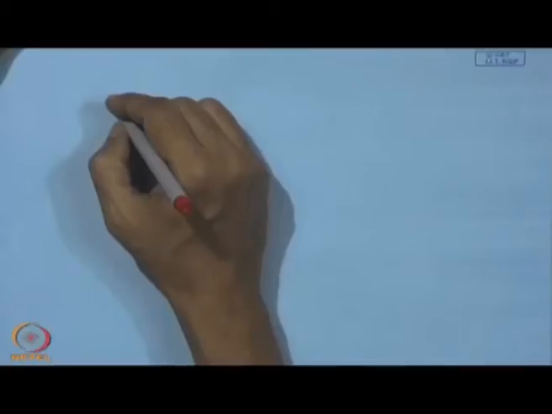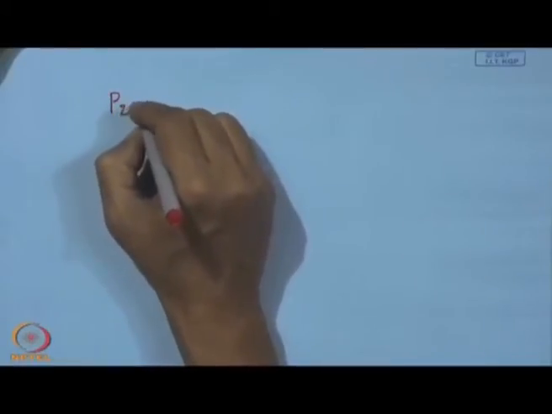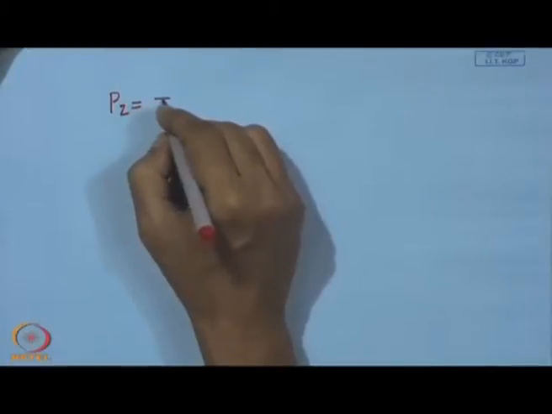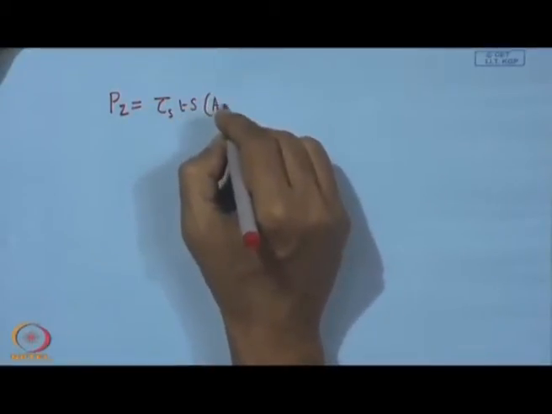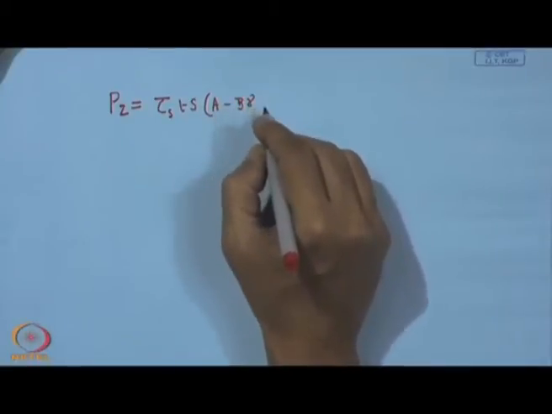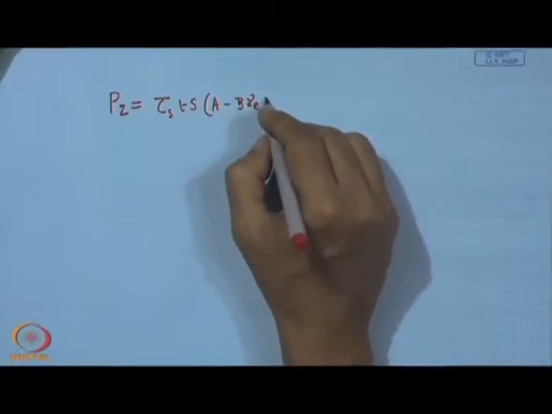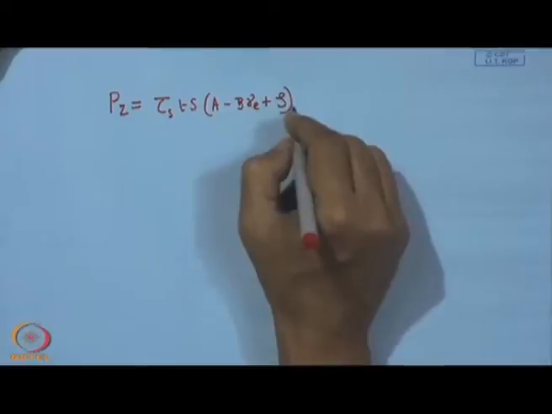express this force by this equation, that means P z is equal to tau s into T s into A minus B gamma plus zeta.